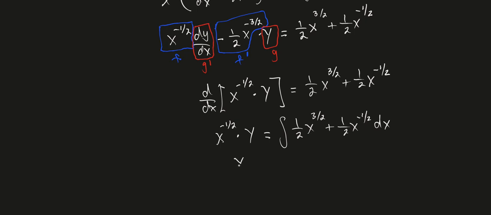So this is y over the square root of x, right? And then on this side, so when we add 1, we will get 5 halves, and then we have to divide by 5 halves, which is the same as multiplying by 2 fifths. So I will get 1/5 x to the 5 halves.